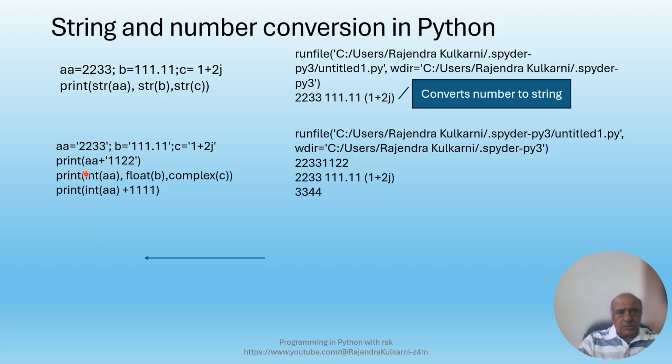Now we give a statement print a plus 1122. 1122 is also taken as a text string, and we get an output which joins a with the string 1122.